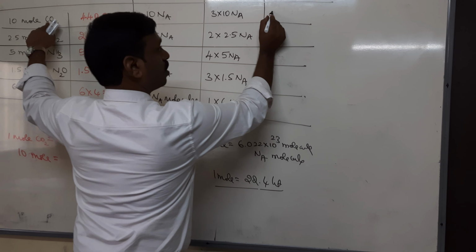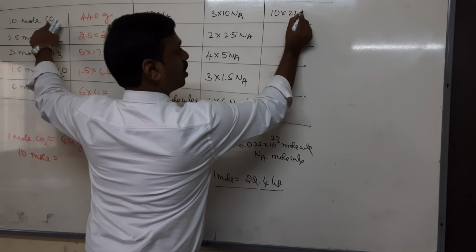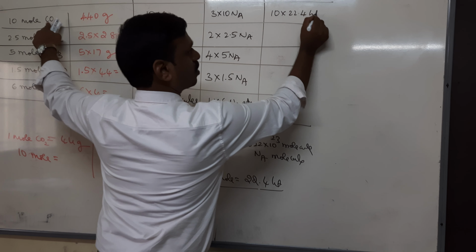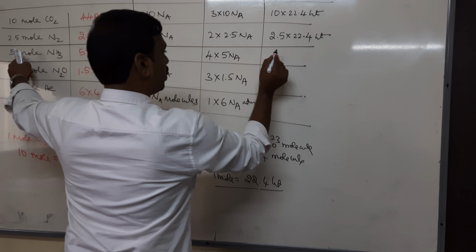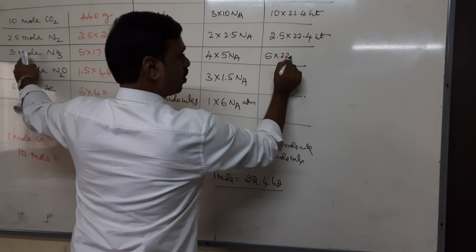Since it is 10 mole, 10 into 22.4 liters. Right? Next 2.5 into 22.4 liters. It is 5 into 22.4 liters. Next, 1.5 into 22.4 liters. Next, 6 into 22.4 liters. It is at STP condition.